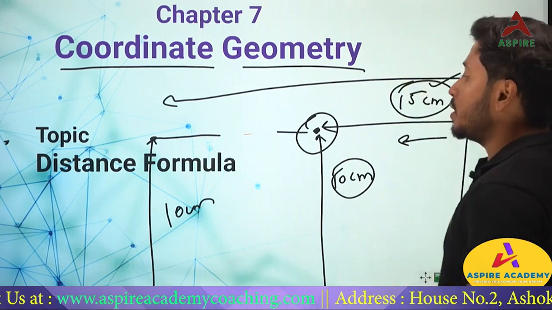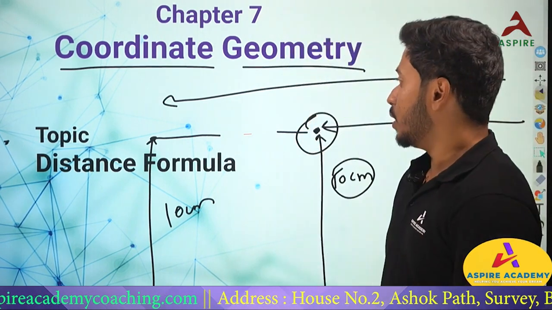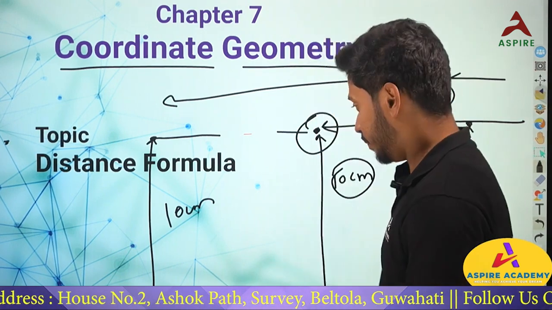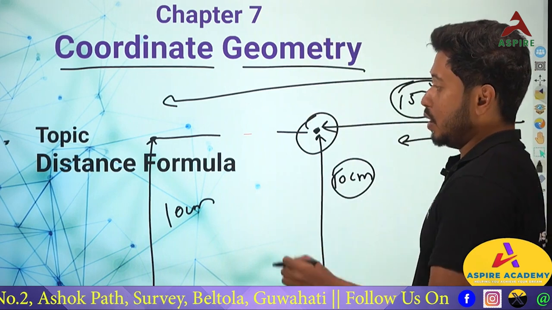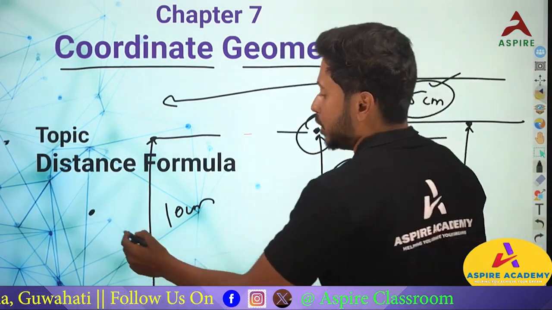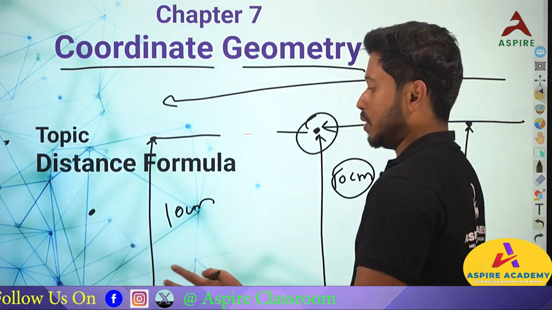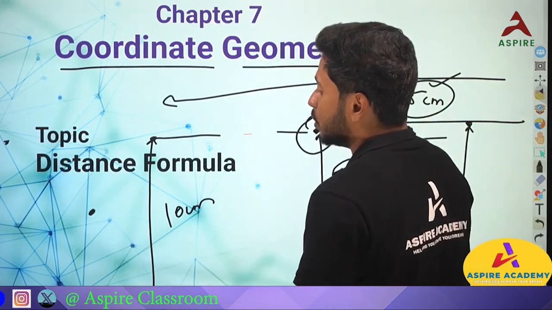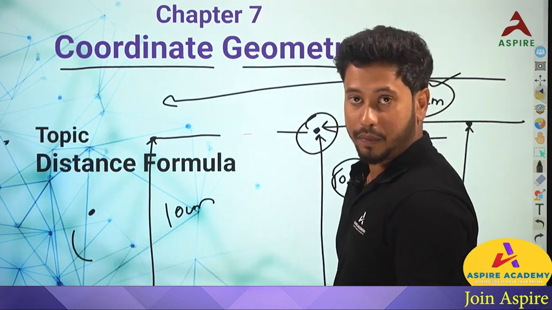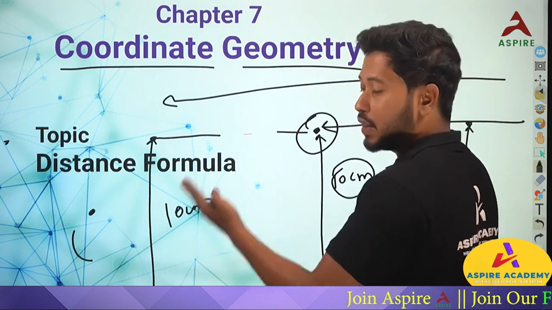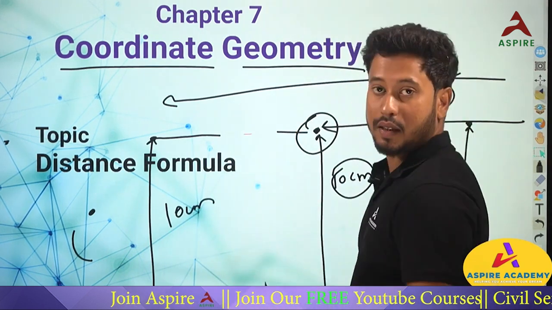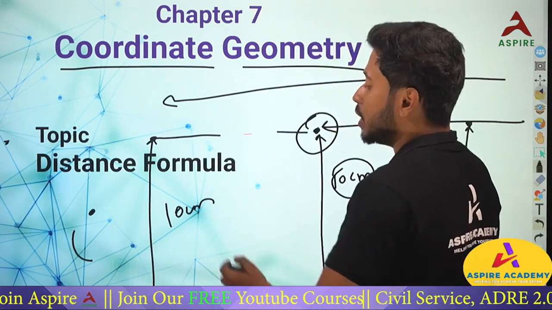So what I want to discuss is that if we have to locate any kind of point or any kind of thing, we have to give two measures, one vertically and one horizontally.